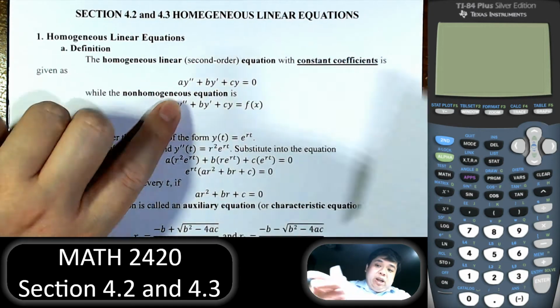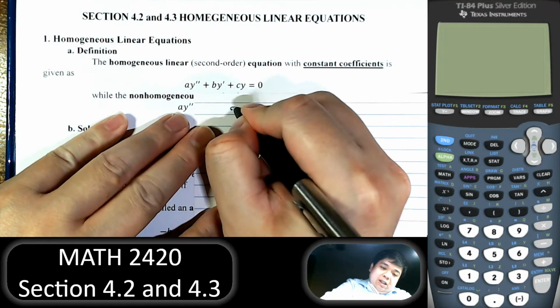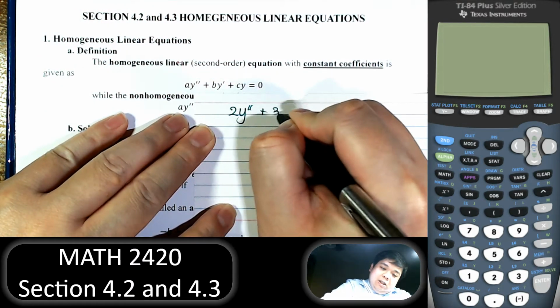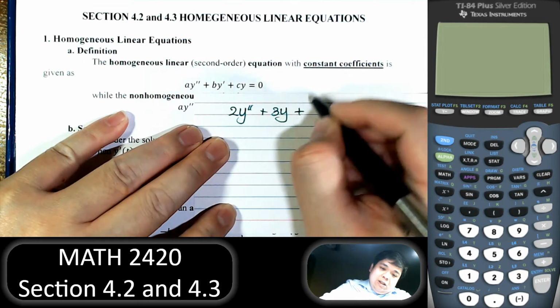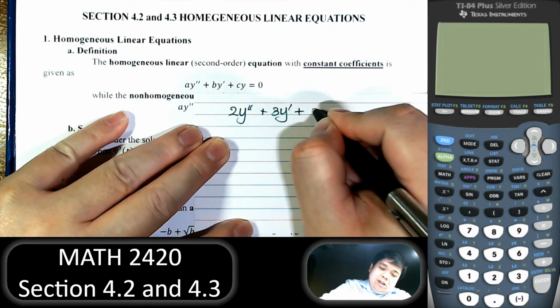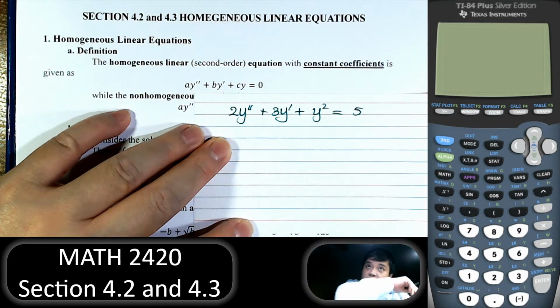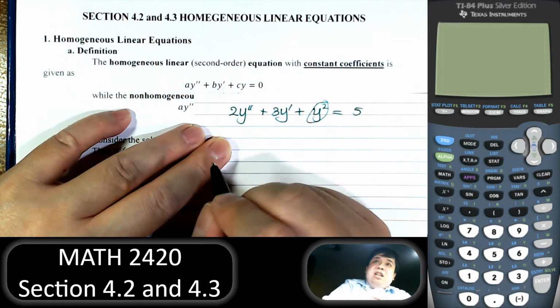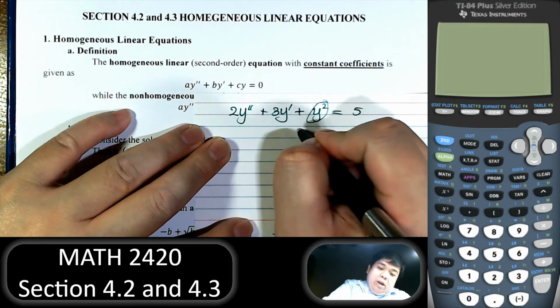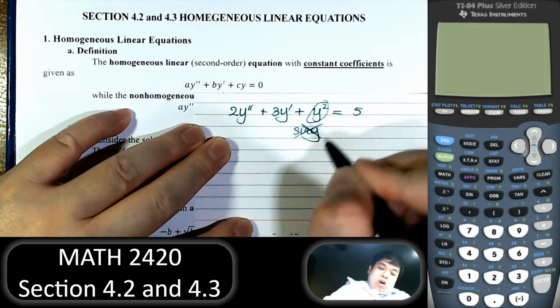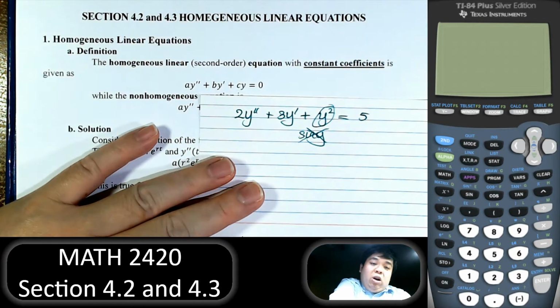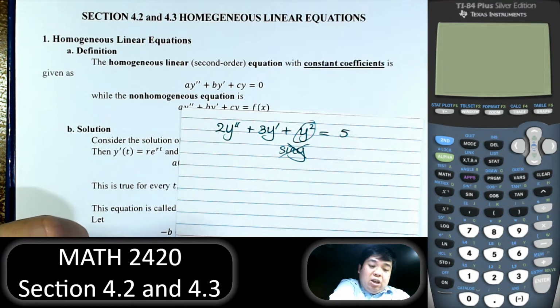If we have that, then this is no longer linear. Or if we have sine of y, that is also not linear. We're not worried about that. We worry only about linear equations.